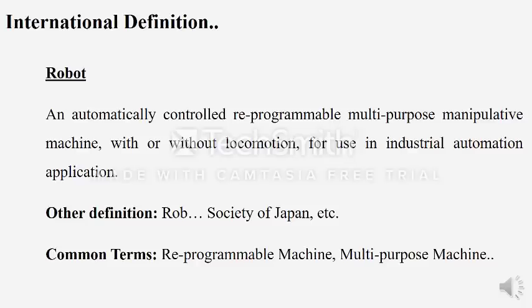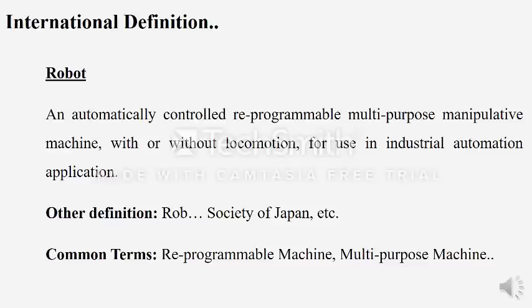International definition of robots. It's an automatically controllable, reprogrammable, multi-purpose manipulative machine with or without locomotion for use in industrial automation applications. This is the international definition for robot. The Japanese call the robot rob or robe.